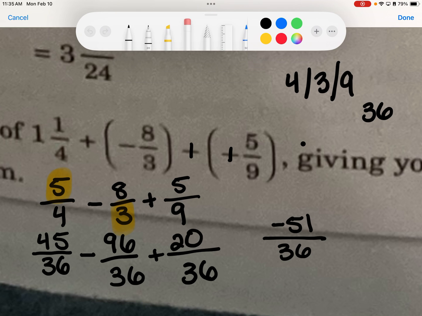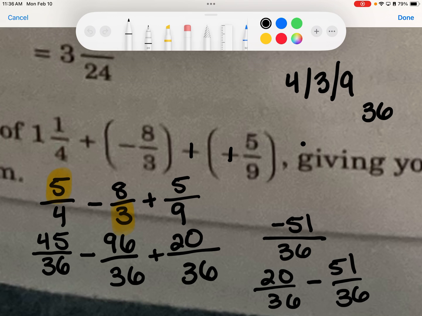Here's one way we can adjust this: we can also do 20 over 36 minus 51 over 36. I don't want to do that though, so I'm going to add them. You're going to add the negative.